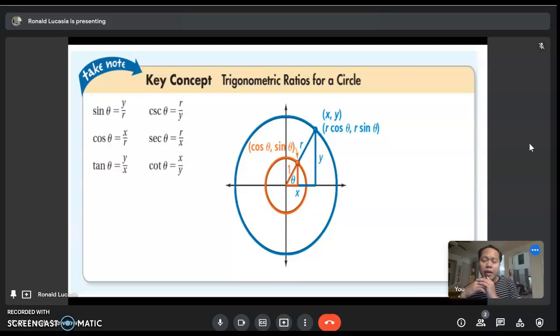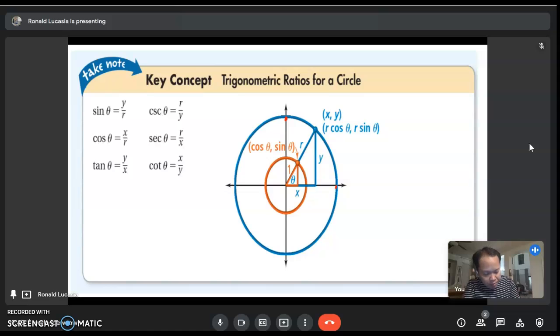If you restrict the domain of the trigonometric functions to angle measures from 0 degrees up to 90 degrees, the values of the trigonometric ratios associated with the angles over right triangles are the following.